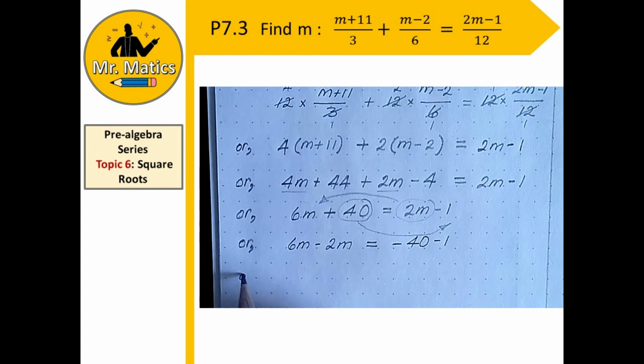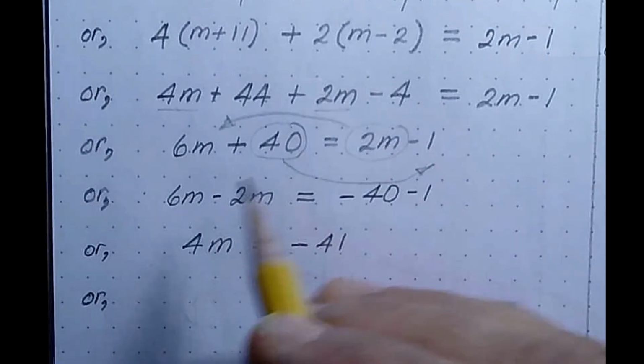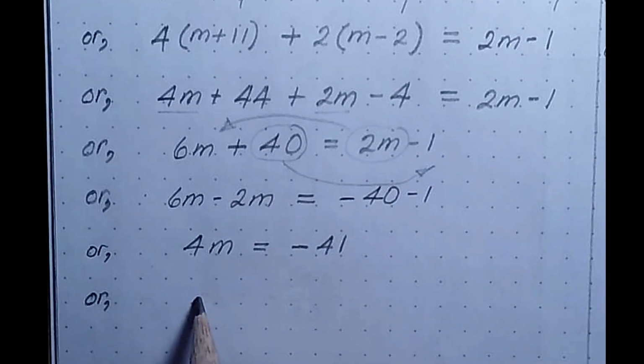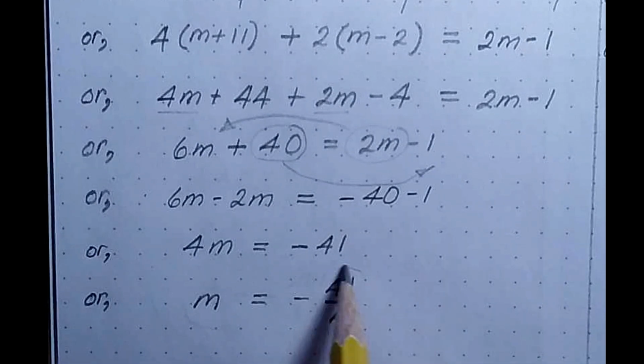And finally we get 6m minus 2m is 4m. 4m equals minus 41. Or m equals minus 41 by 4, and that is your answer.